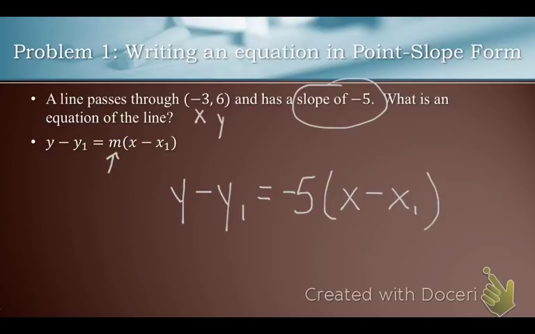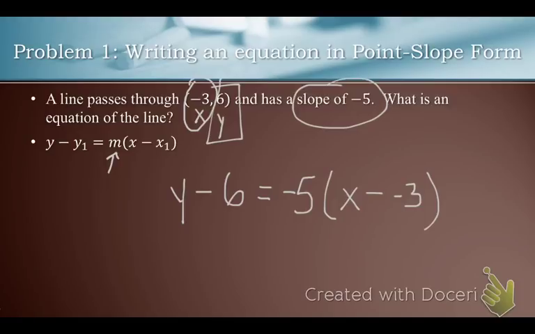Well, what else can I replace here? Because that does not look like it is finished to me. Well, I can replace my x and y coordinates here. So I'm going to erase this x1 on the right and look at the x value from my ordered pair, and it is negative 3. And then I'm going to take a look at my y1, which is my y value of 6, and plug those values in to get my point-slope form.